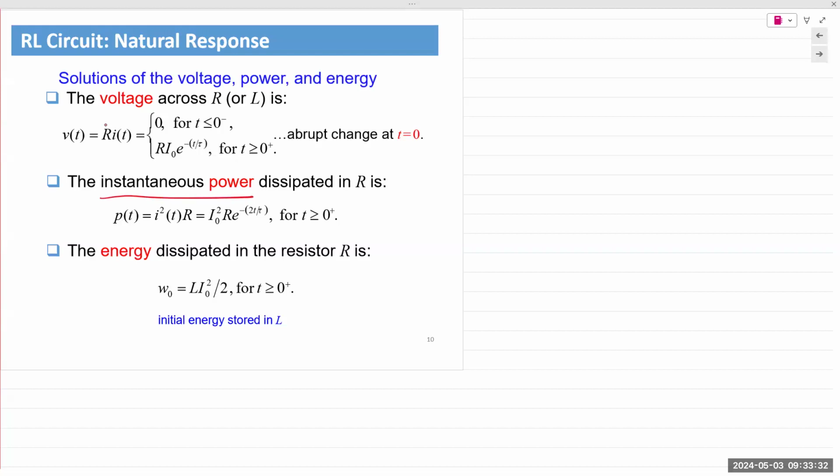And so the energy dissipated in that resistor is half L i squared. Same equation we studied in chapter 3. No difference. Okay, half L i squared. That is the total energy that was stored in the inductor. And then, of course, eventually, the inductor loses all of that energy through the resistor, and it goes to 0.